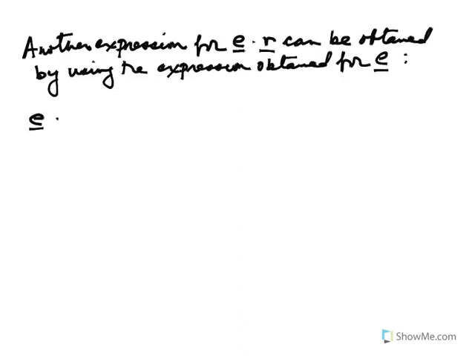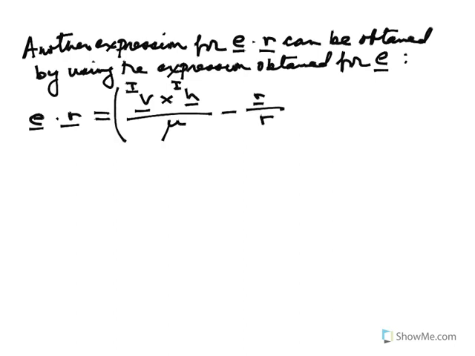We get E dotted with R is equal to VI crossed with HI all divided by mu minus R all divided by R, the whole thing dotted with R. This is the second expression for E dotted with R.